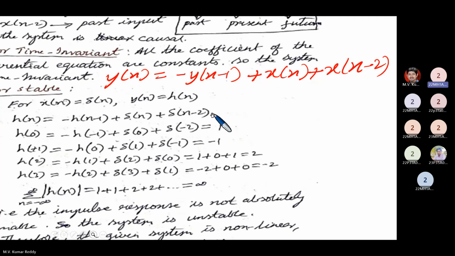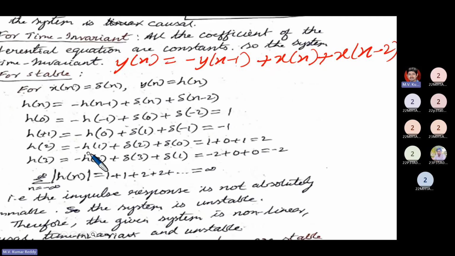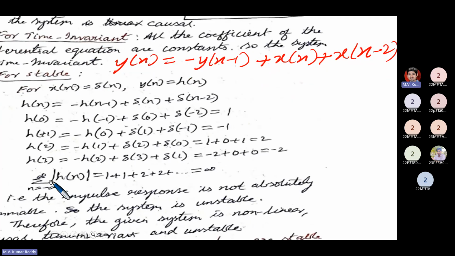Yes sir. Okay, next what is the condition for stable? The condition is sigma n equal to minus infinity to infinity, modulus of h of n value is less than infinity. Okay, if this value is less than infinity, then the system is stable. Okay, if it is equal to infinity, it is unstable. That is the condition.